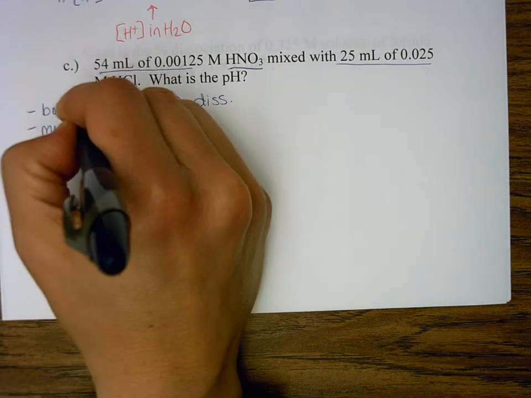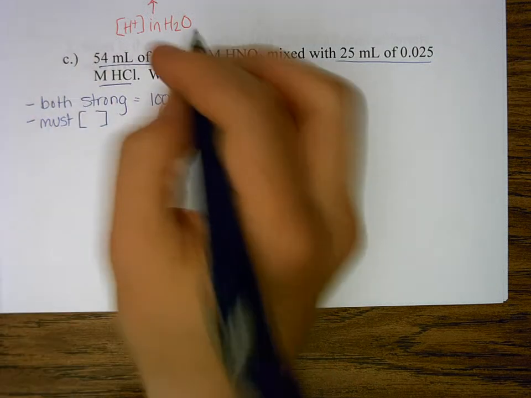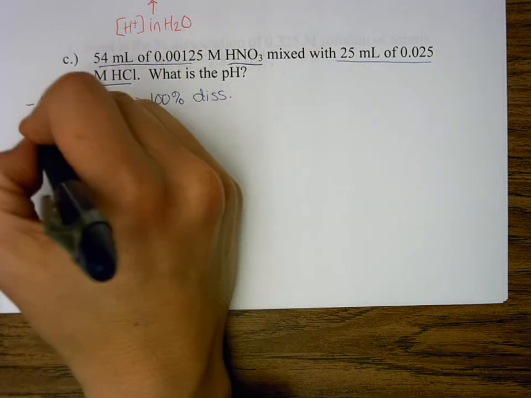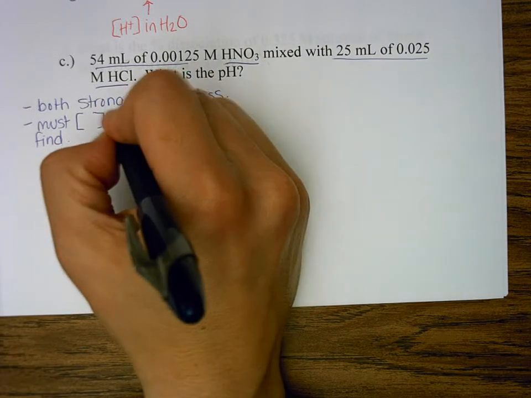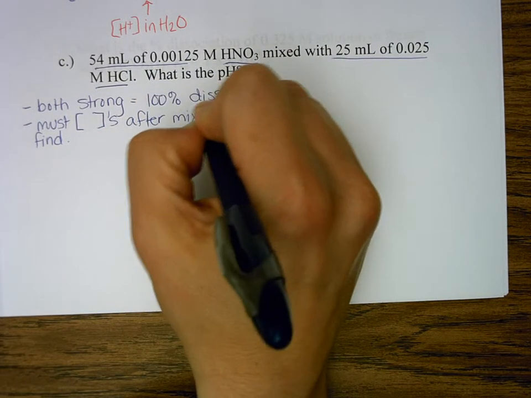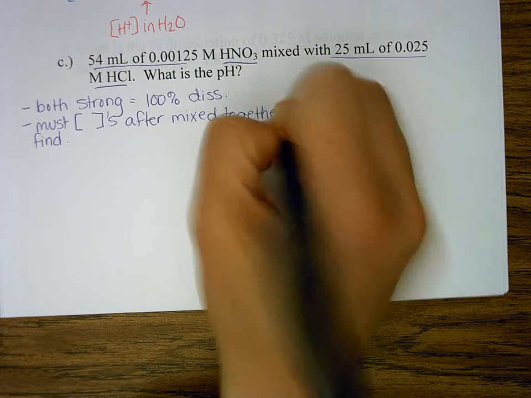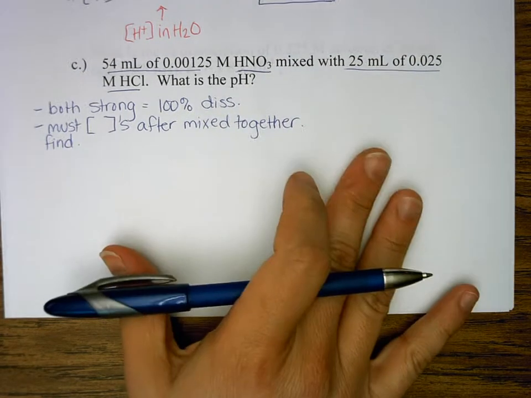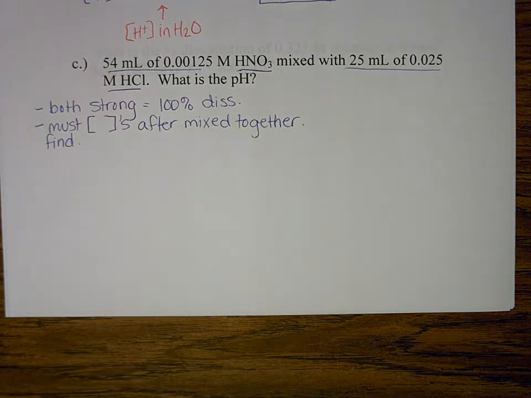You first have to find, wait, I should have said, you must find first the concentrations after they're mixed together. So you have those solutions separate and then they get poured together in one beaker. And so you've got to figure out, well, what's the concentration then of the nitric acid after the solutions are mixed?